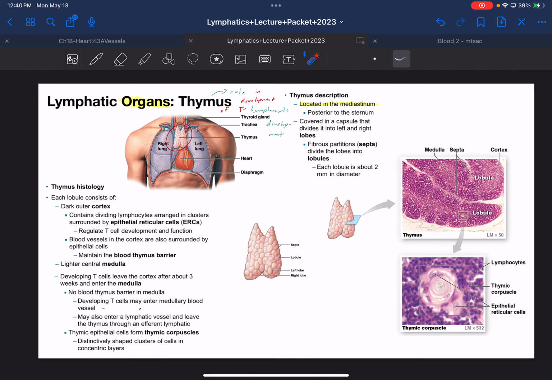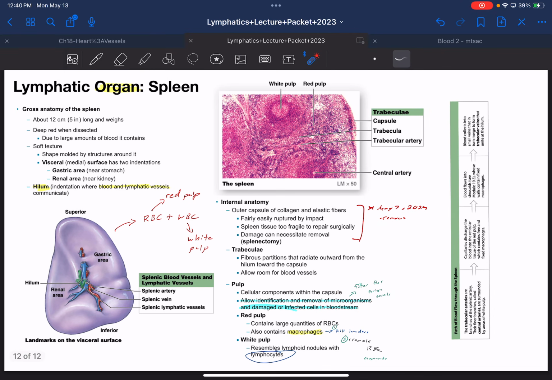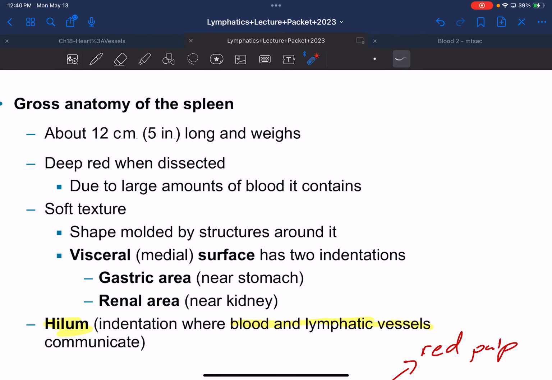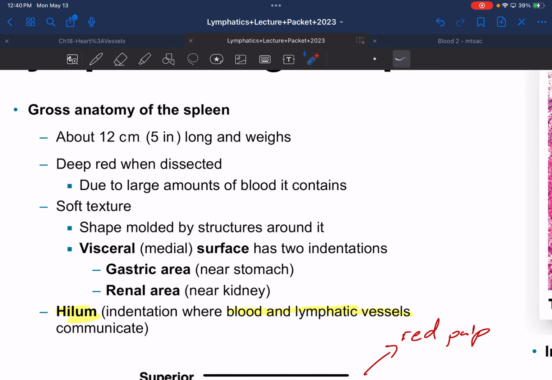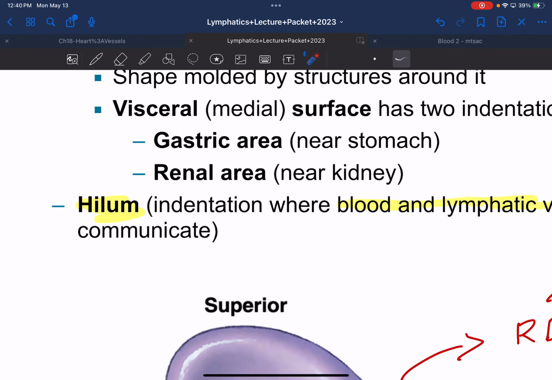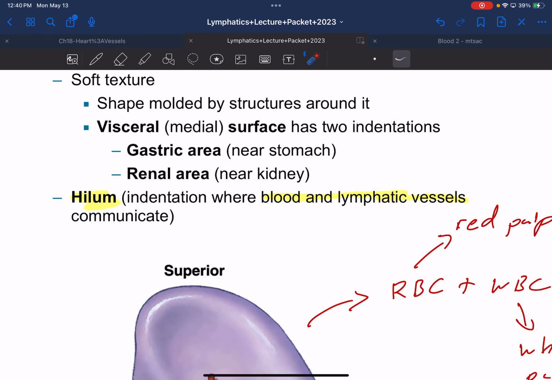And so with that, we then move on to the spleen. And our spleen is going to have a few things that sound familiar. First, it's going to have a hilum. Remember that the hilum is going to be a structure, an indentation where objects like blood vessels, nerves, and lymphatic vessels can enter.